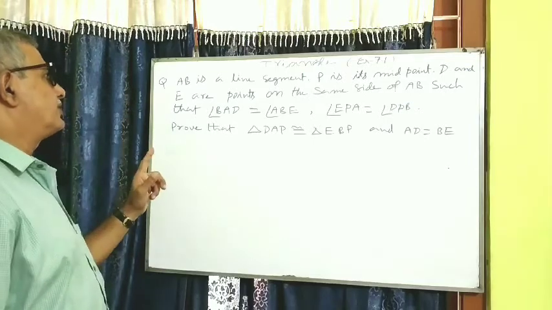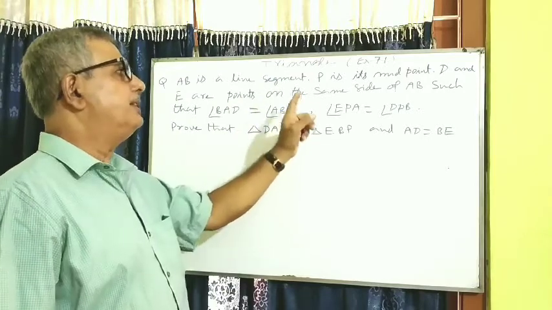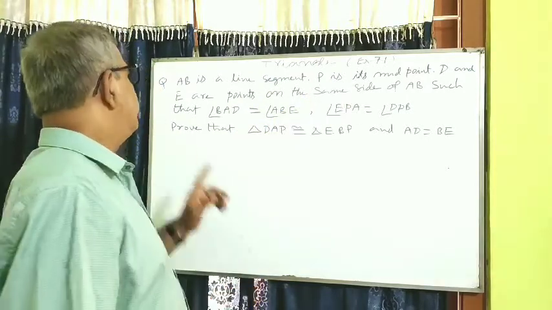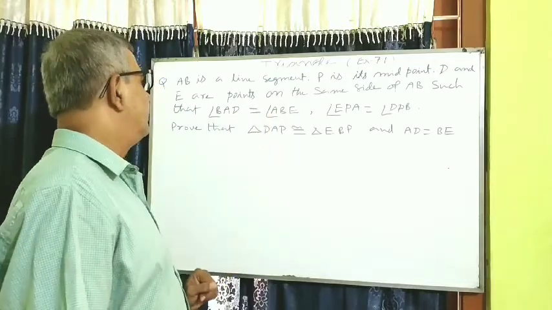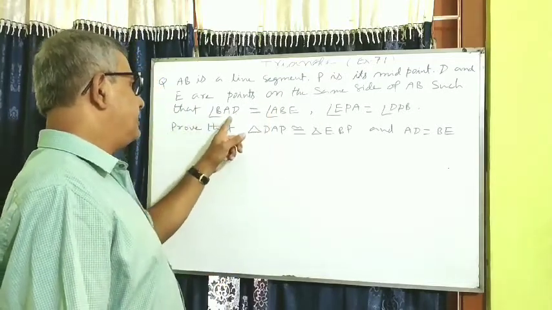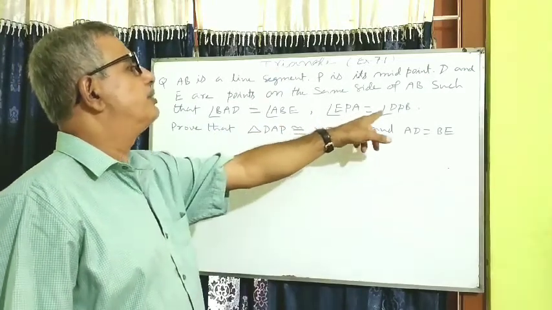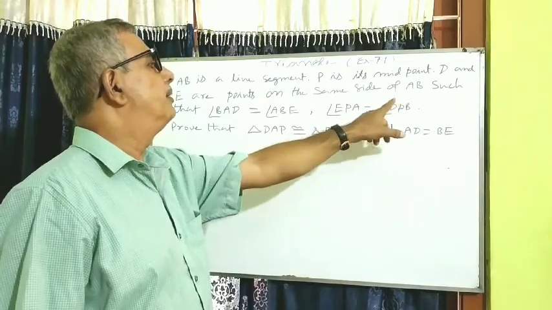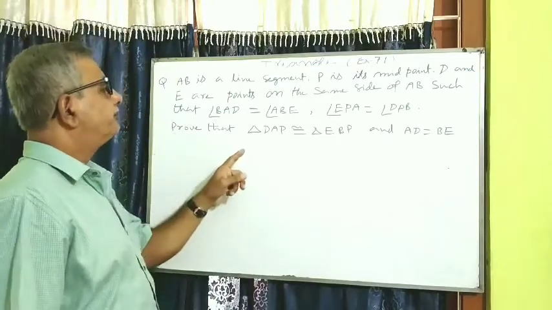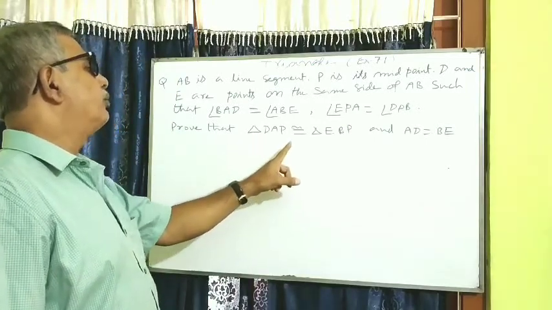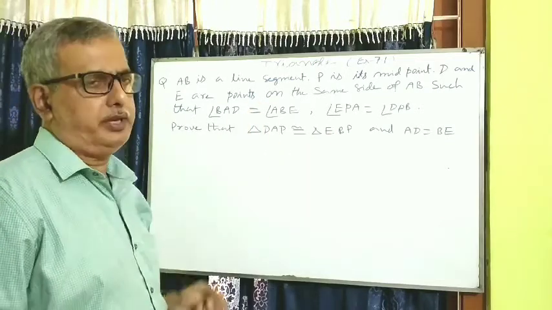In this question, AB is a line segment, P is its midpoint, and D and E are points on the same side of AB, such that angle BAD is equal to angle ABE, and angle EPA is equal to angle DPB. Prove that triangle DAP is congruent to triangle EBP and AD is equal to BE.